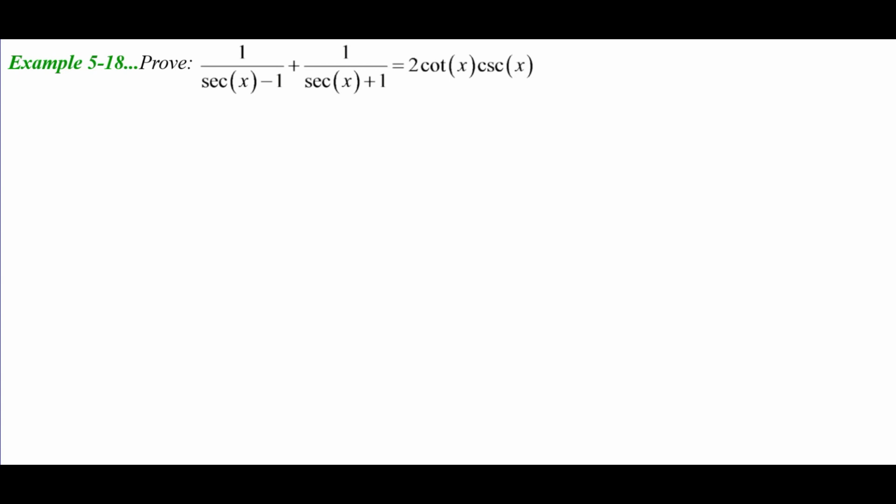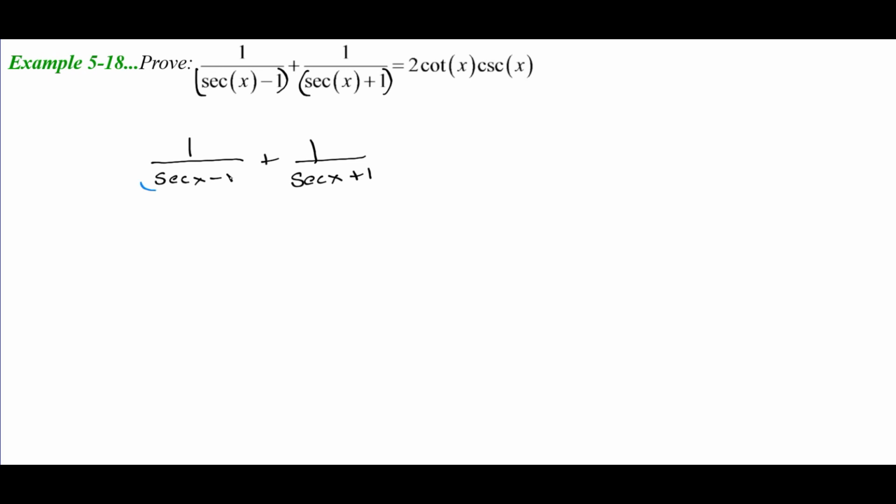So remember, these entire terms are what I have to look for a common denominator with. So my common denominator is going to just be secant x minus 1 times secant x plus 1. So we have 1 over secant x minus 1 plus 1 over secant x plus 1, and that's what I started with.